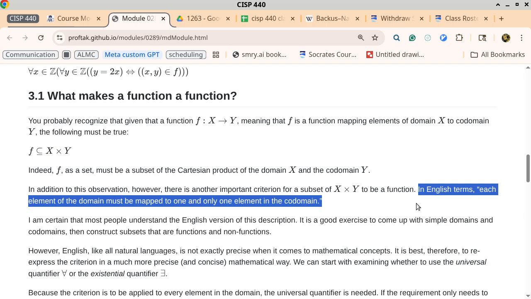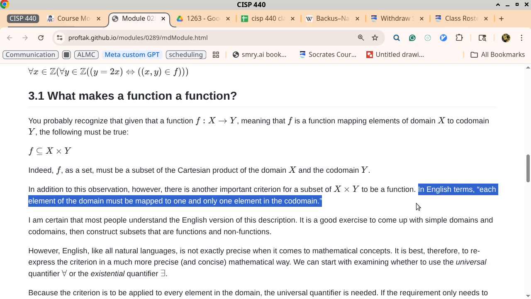So now we look at this one, and we ask the question: is one mapped to one and only one element in Y? That really becomes the question. So you ask, what do you mean when you say map? It means it's in a tuple.